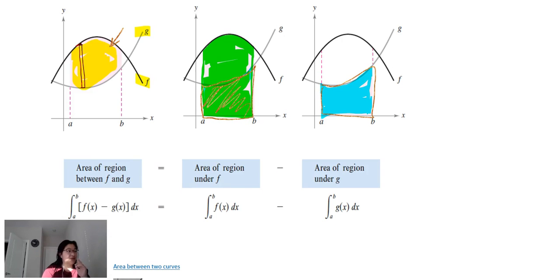I think I mixed those up. g is the lower function, f is the upper function. Sorry, my bad. So the area under f is in green, and the area under g is in blue, and so the area between f and g is the integral of f minus g. And we're looking at the same bounds, right? a to b, a to b, a to b.